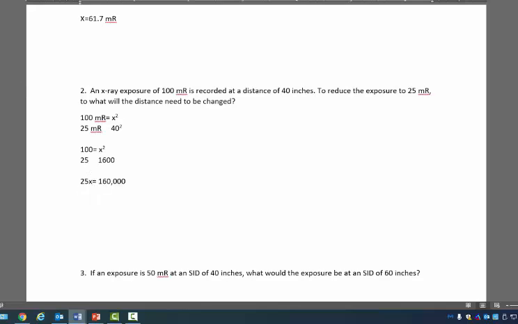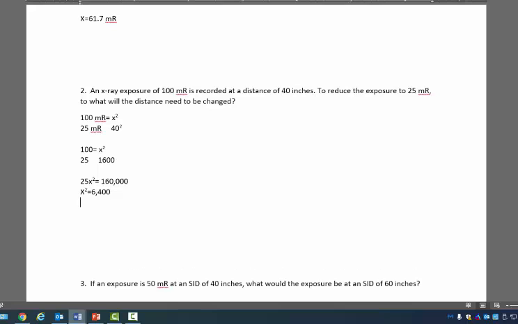Sorry, I left out the squared. There we go. Now, what you have to do next is divide both sides by 25, just like you normally would. So you get X squared equals 6,400.